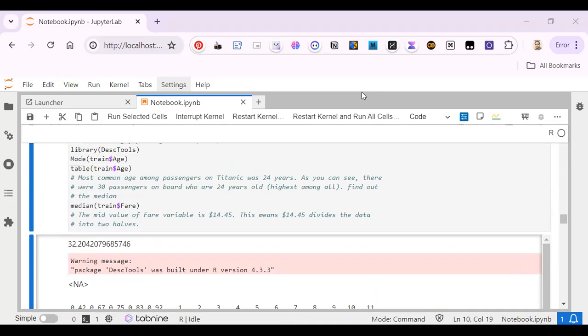You go to my RStudio. Let's try it. Just go to install.